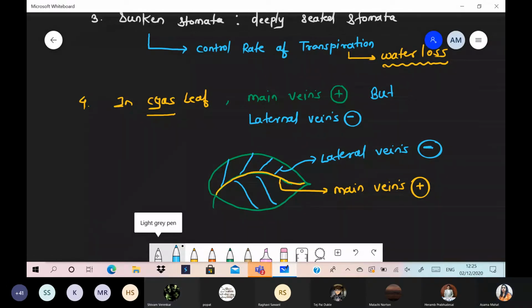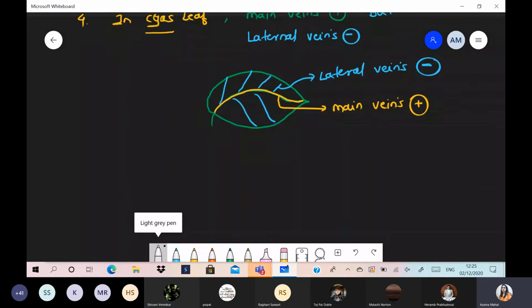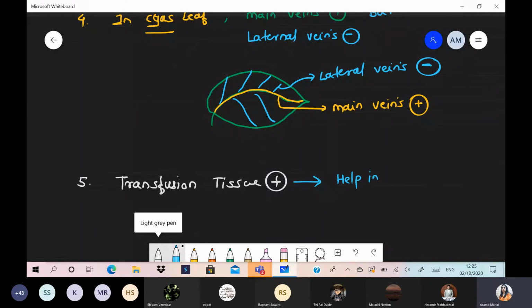Nice. Now, the last point, number 5: presence of a specific type of tissue, that is transfusion tissue. If we talk about the function of the transfusion tissue, it helps in conduction, more specifically in water conduction.